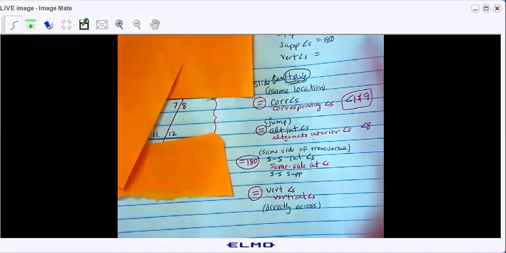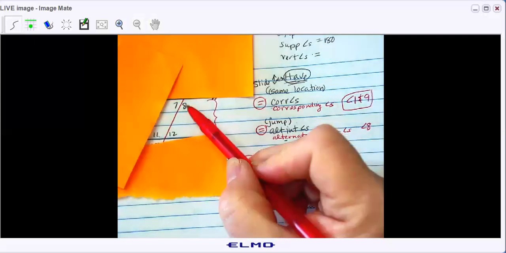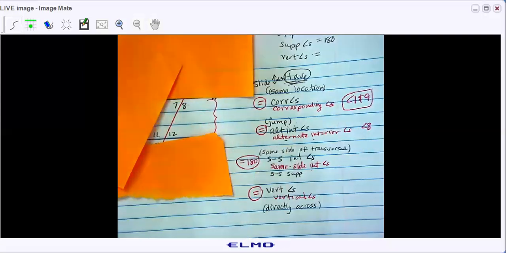So this is a jump across the transversal, the red line. If I jump across, am I going to land at angle 11 or angle 12? 11. Good. Because I jumped across the red line to angle 11.